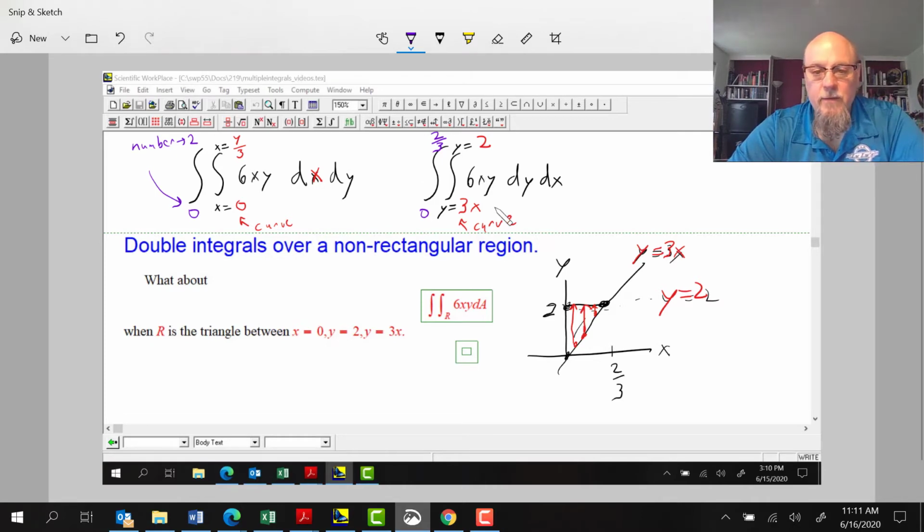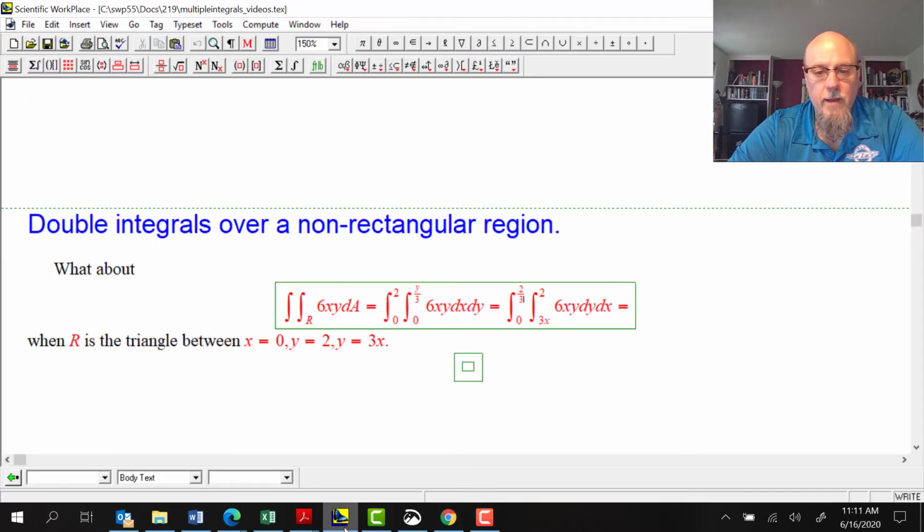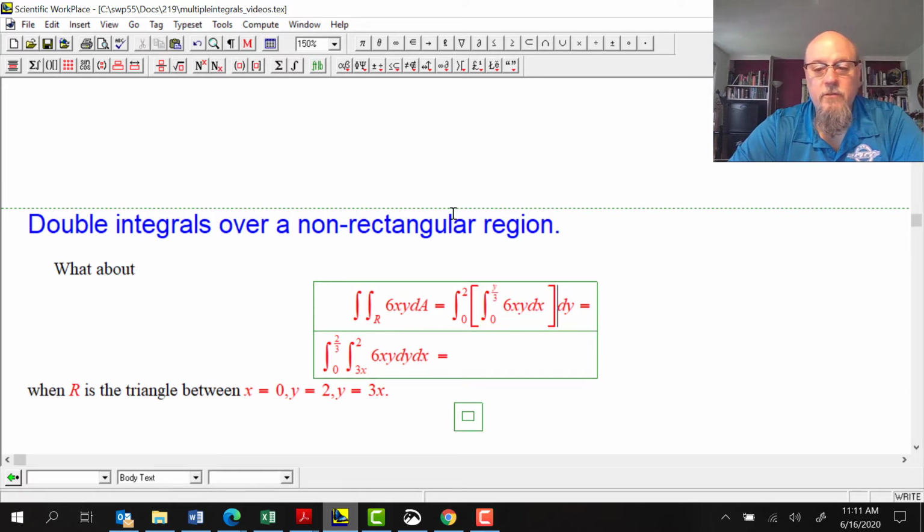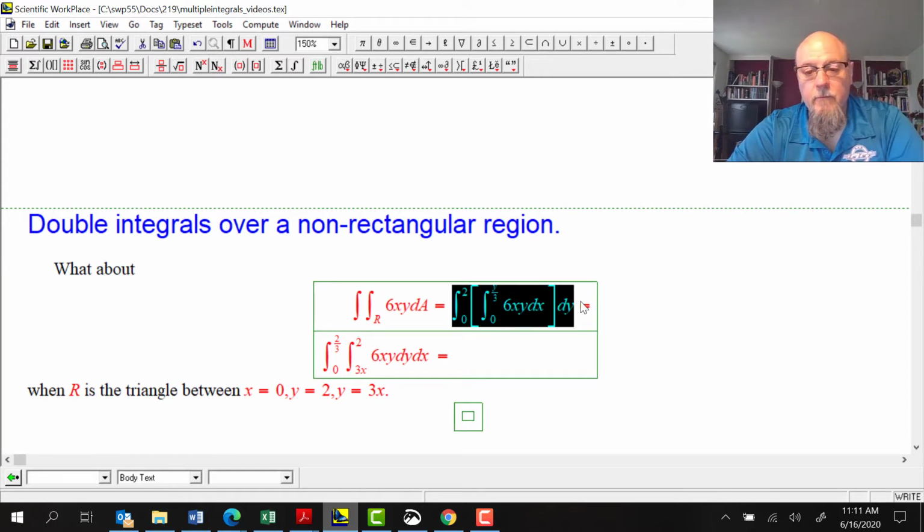Let's actually evaluate these and make sure that we're doing this correctly. I'm going to do this inner integration first, and I'm integrating with respect to x.